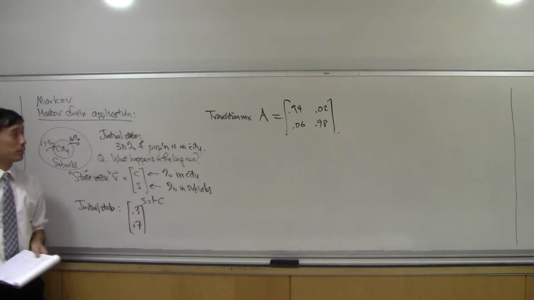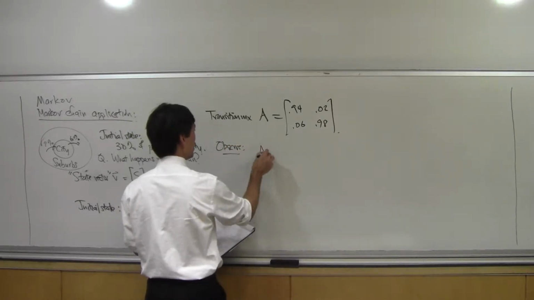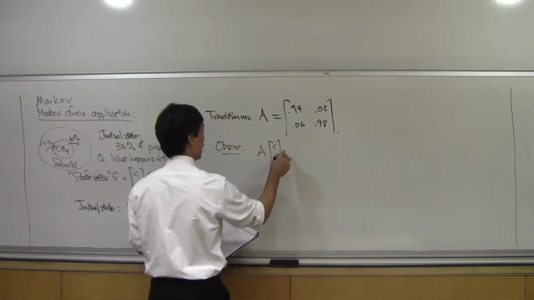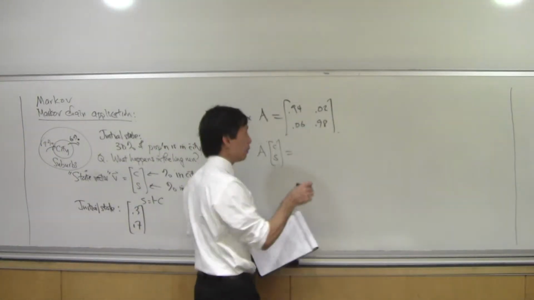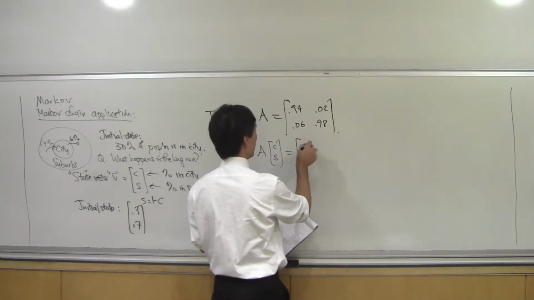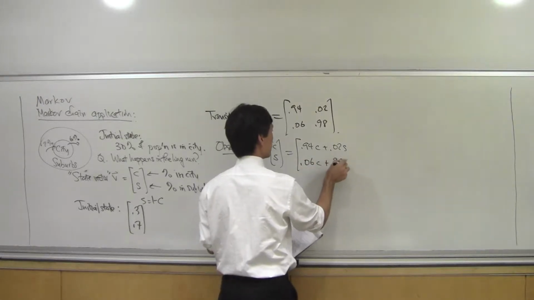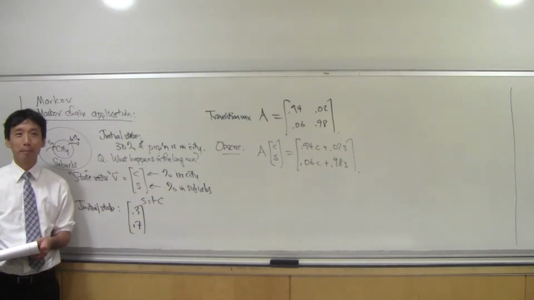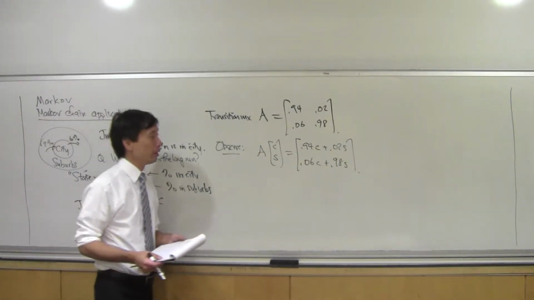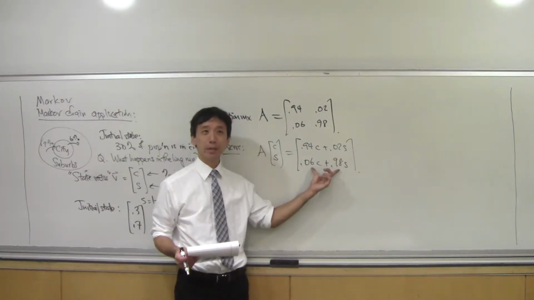If we take our transition matrix and multiply it by a state vector, we get 0.94c plus 0.02s, 0.06c plus 0.98s. And that's what happens after 1 year.